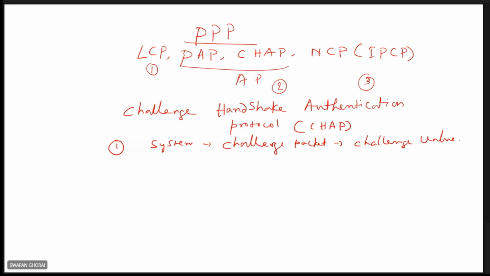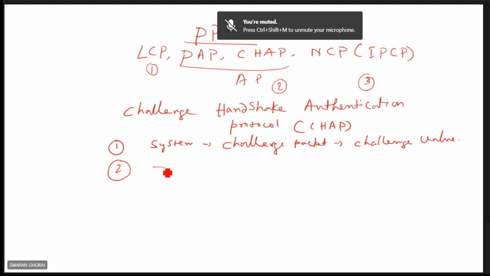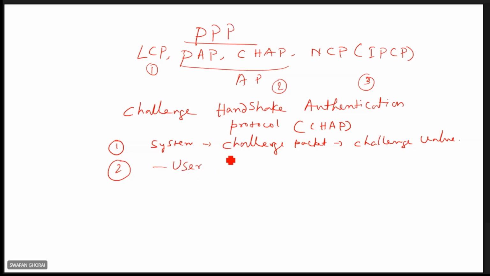So in the first step, the system sends a challenge packet to the user containing a challenge value. In the second step, the user then applies a predetermined function.